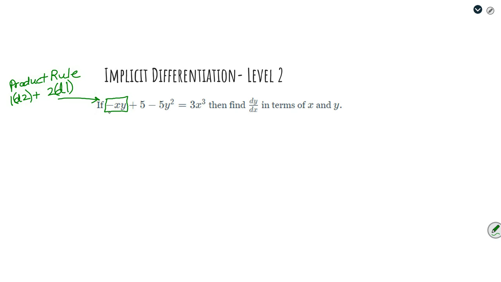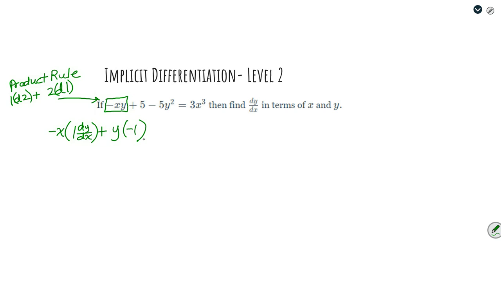Product rule would be first, so negative x times the derivative of y, which is 1 dy dx, plus the second term, which would be y, times the derivative of the first, negative 1 dx dx, but dx dx is 1. So I don't really need the dx dx.